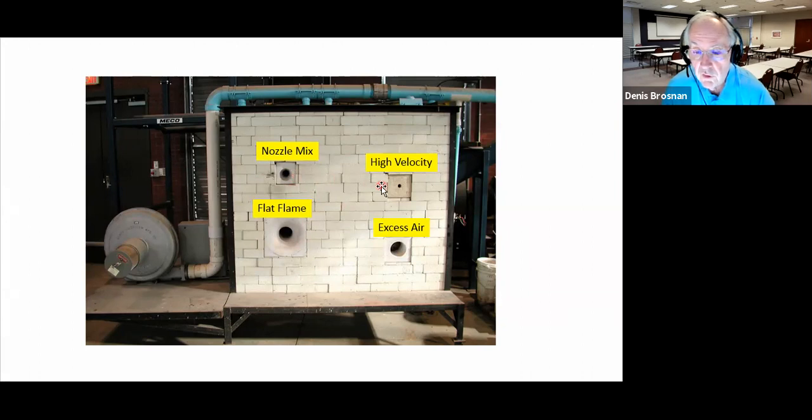Then finally, you can see the high velocity burner, which is basically a nozzle mix burner with a refractory plate and a small opening, and that is designed to shoot a stinger out a long distance. And they're very useful in having uniform temperature control in a kiln.